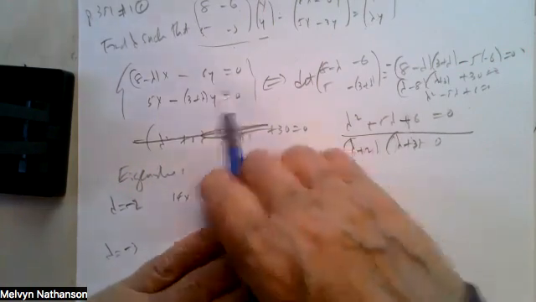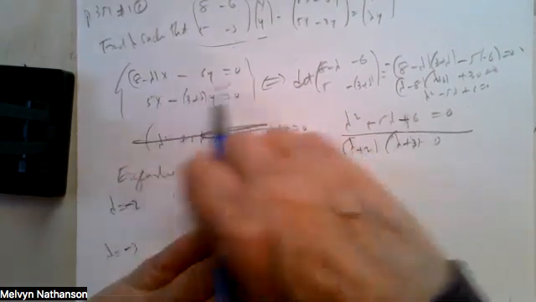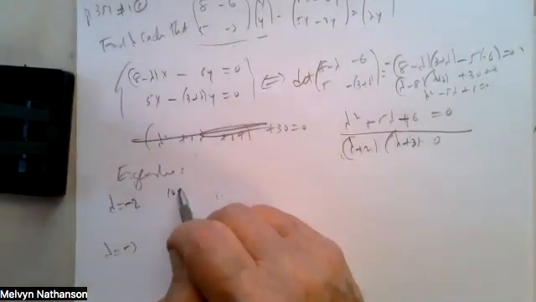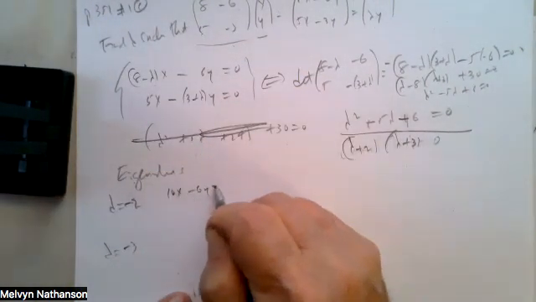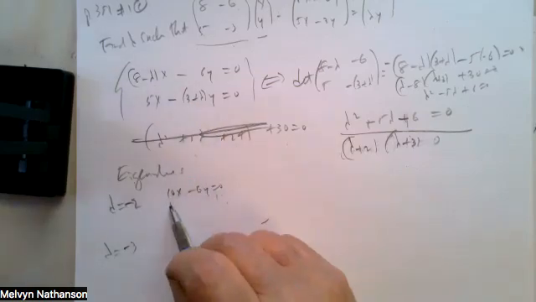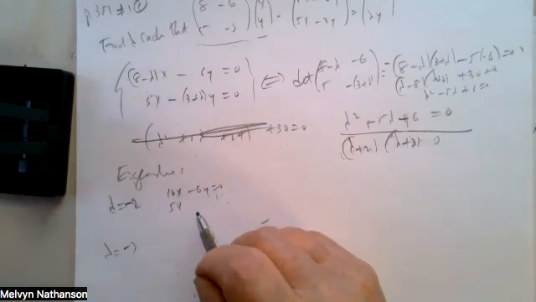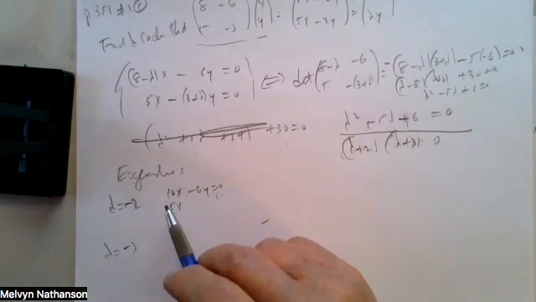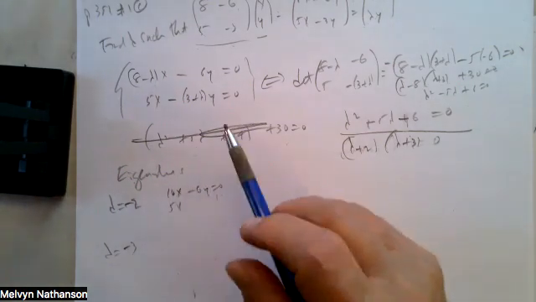When λ is -2, this is 10x - 6y equals 0. This is 5x, oops, sorry.